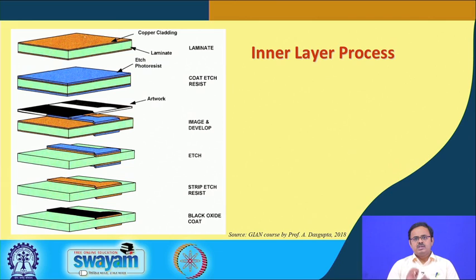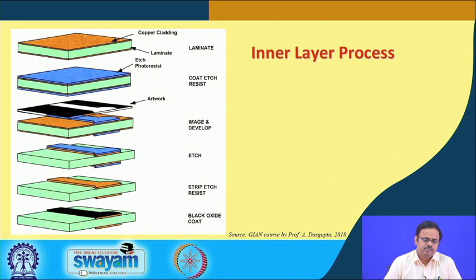So, here we are going to spend a few minutes on this slide and then again recap what we call the lithography process. So, what is the first step? The first building block is the copper clad laminate. We saw that it is one laminate and then 2 copper foils on both sides. Next, we will put a photoresist on both sides of the copper, so we will cover the copper foil with this photoresist.